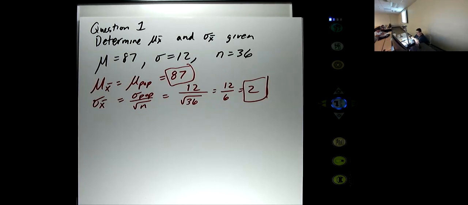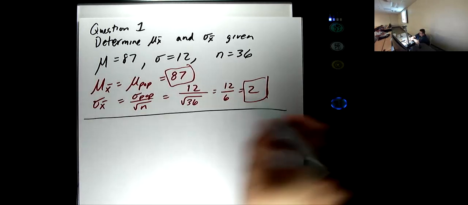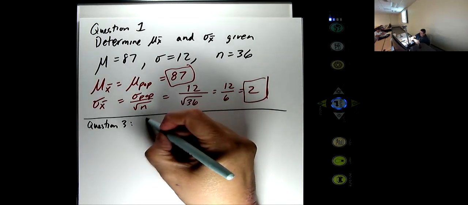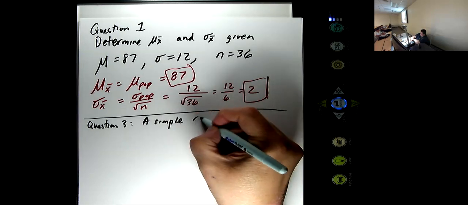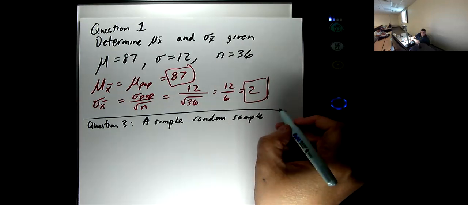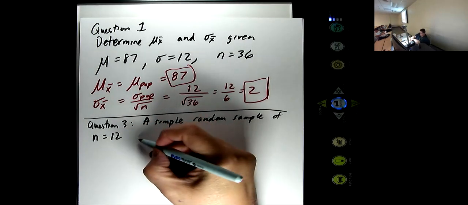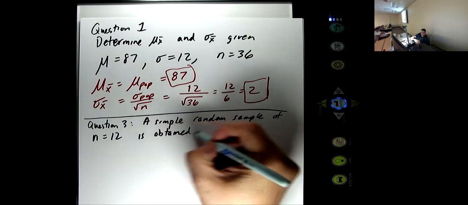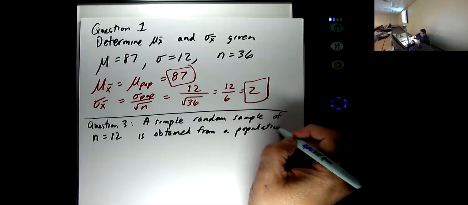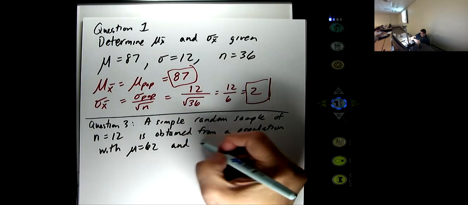So question number 3 actually does a word problem. They don't actually tell us what the word problem is about, but they say a simple random sample of n equals 12 is obtained from a population with mu equals 62 and sigma equals 16.